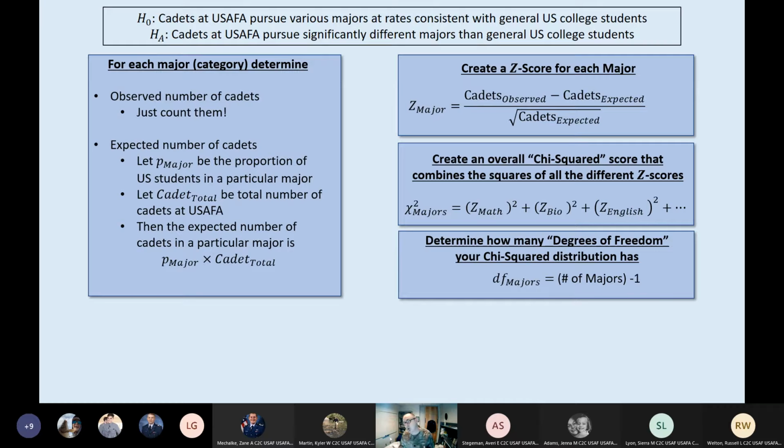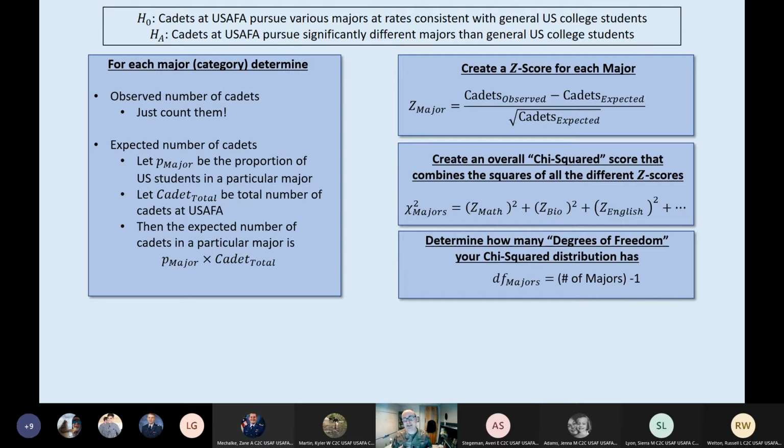If you want a little more of a mathy explanation, think of it this way. Let's say at USAFA there were only 4 majors, and I said 20% was in this major, 20% in this major, and 20% in this major. Well, there's only 40% left and only 1 major left. So that last major has to have 40%, right? So there were only 3 degrees of freedom, because after I told you those 3, there was no choice for what the last one had to be equal to.